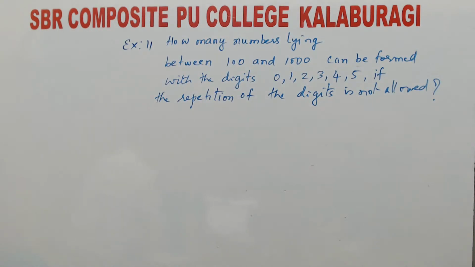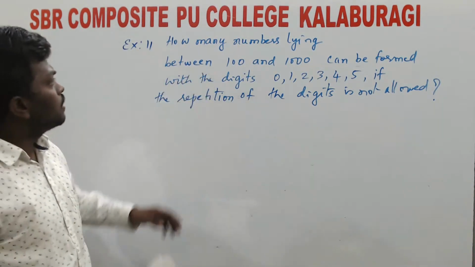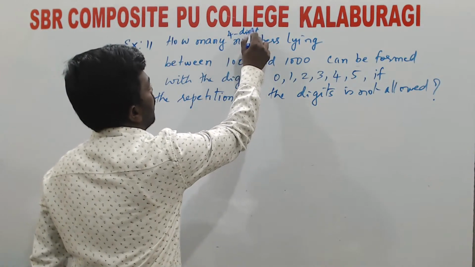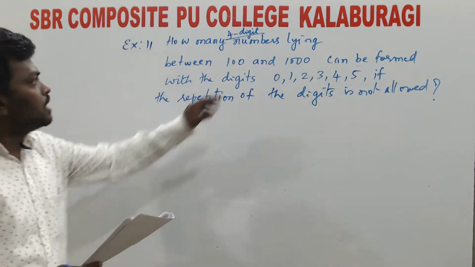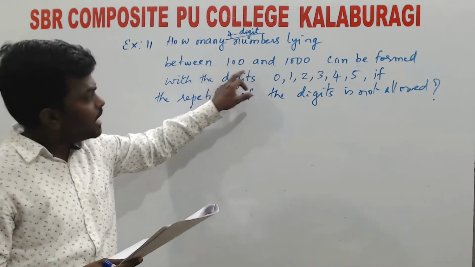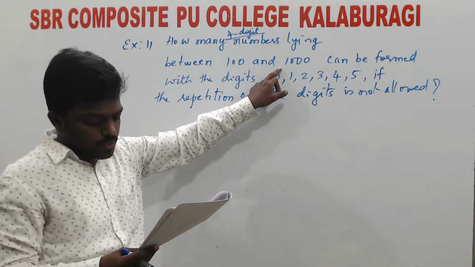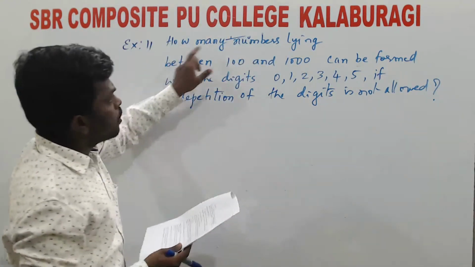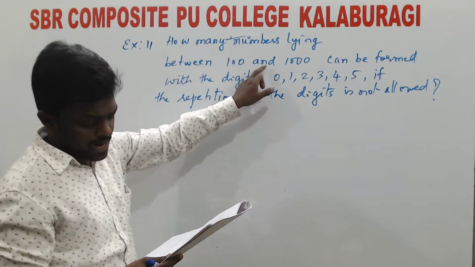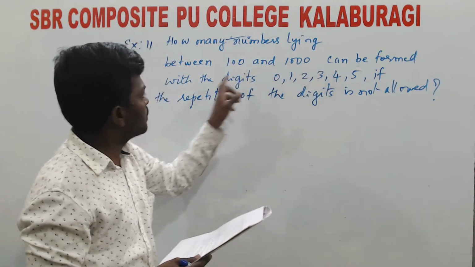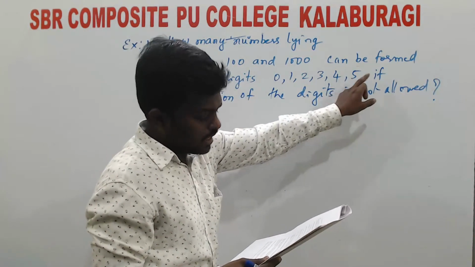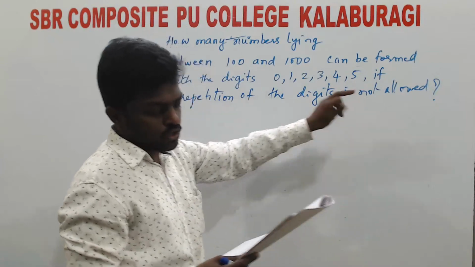So the question here is, how many numbers lying between 100 and 1000 can be formed with the digits 0, 1, 2, 3, 4, 5 if the repetition of the digits is not allowed?